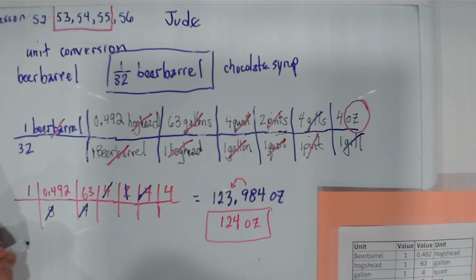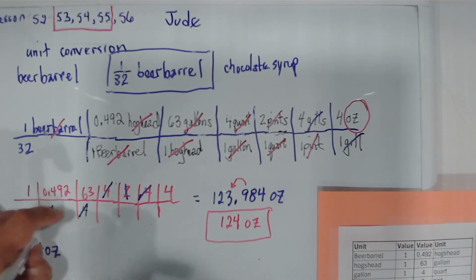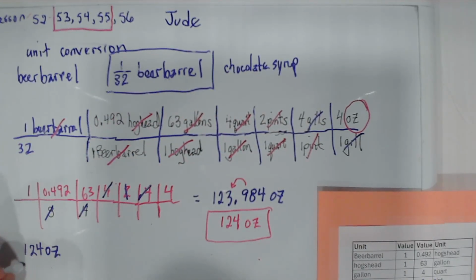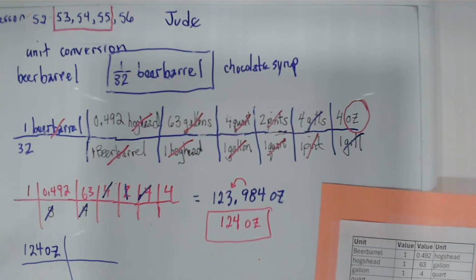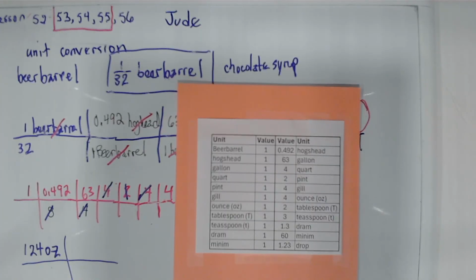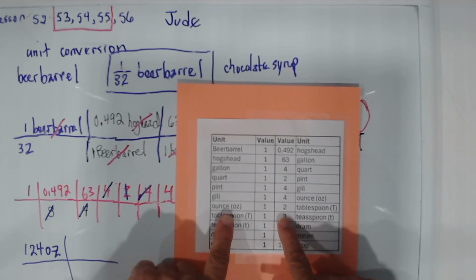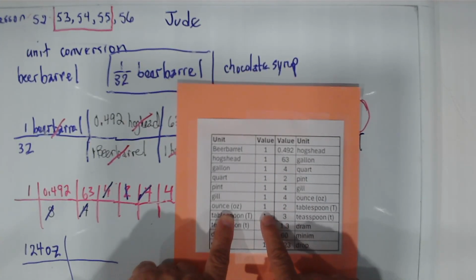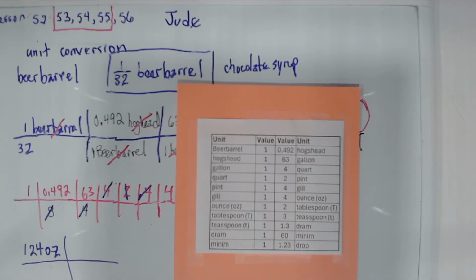So I'm going to go ahead and take that number, 124 ounces of the chocolate syrup, and we're going to keep going on our conversion chart here, and let's see what we end up with. Well, 1 ounce is 2 tablespoons.